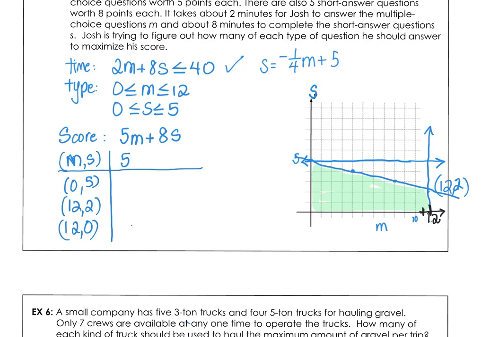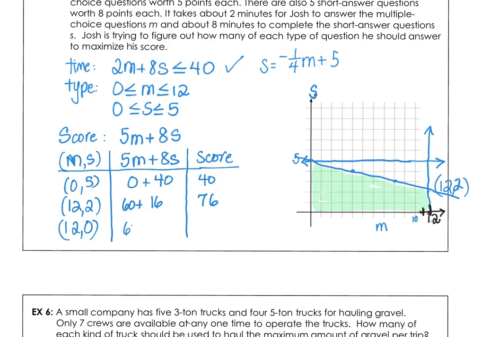And then substituting into 5m plus 8s for our score, 5 times 0 plus 8 times 5 is going to give us 40 for the score. So we had a score of 0, a score of 40, and then 12 times 5, that's 60, plus 8 times 2, that's 16, so we have a score of 76.